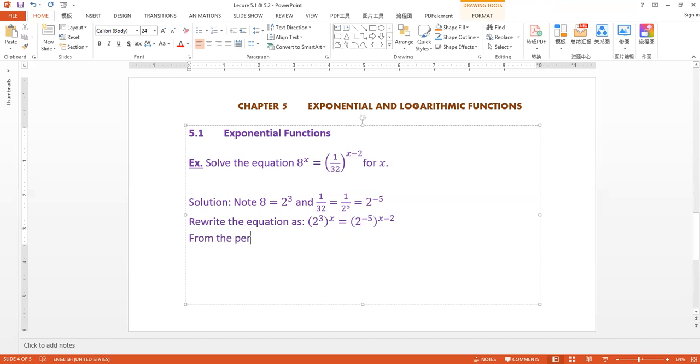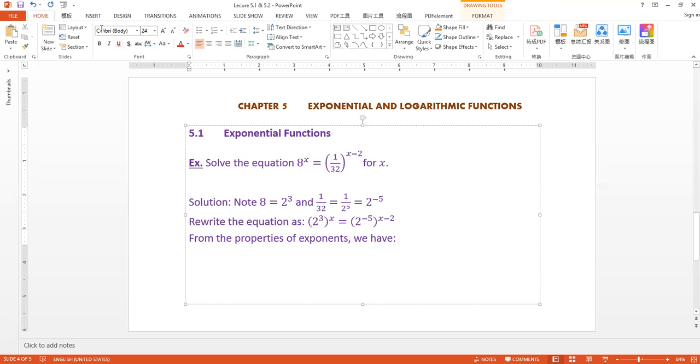So let's multiply the exponents for each side.